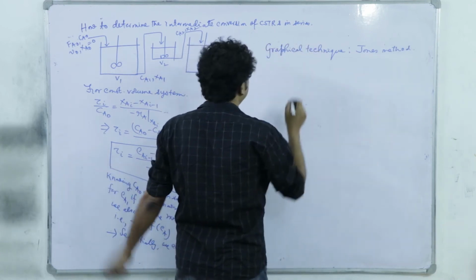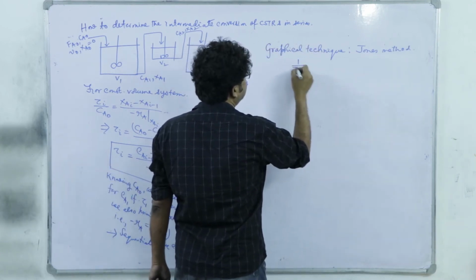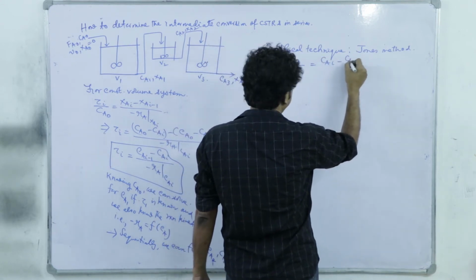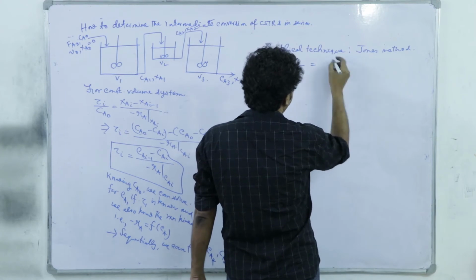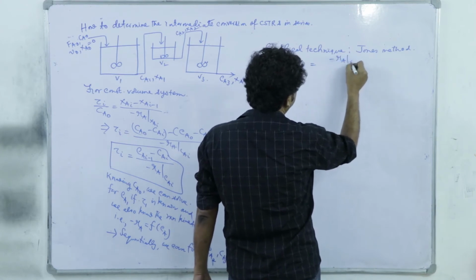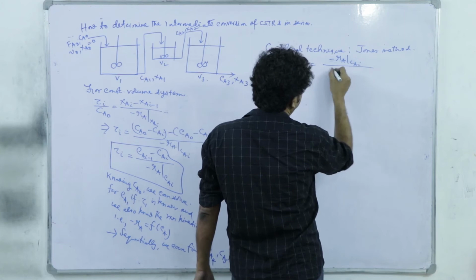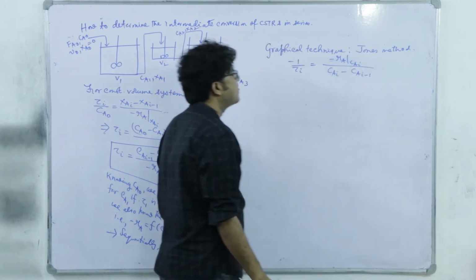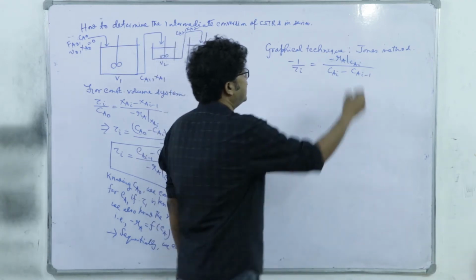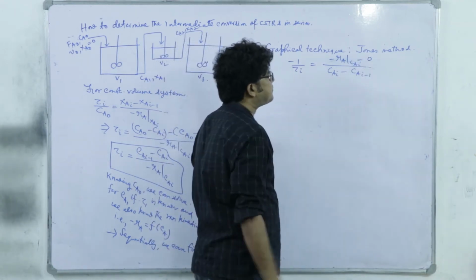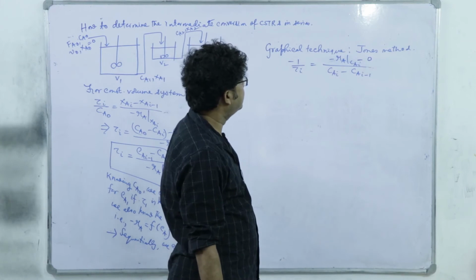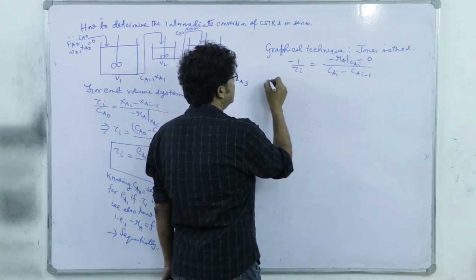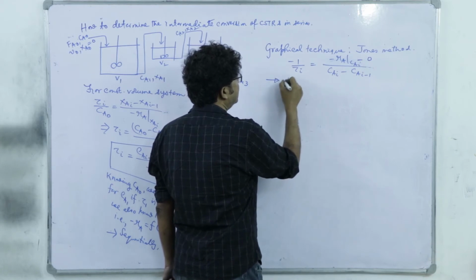See, from here we can write minus 1 by tau i is minus Ra at Cai divided by Cai minus Cai minus 1. Okay. So what is the method?